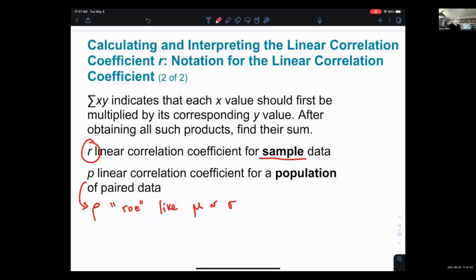So the rho would be the linear correlation coefficient for the entire population of point values, of matched data value pairs. Whereas the R is the one you get from your sample.